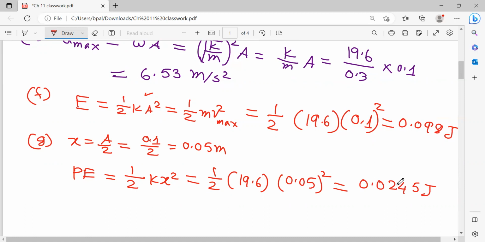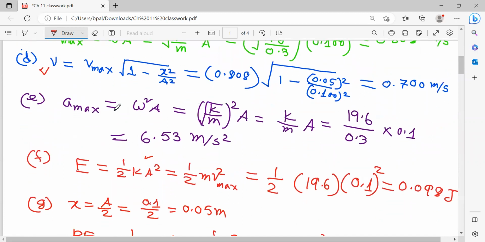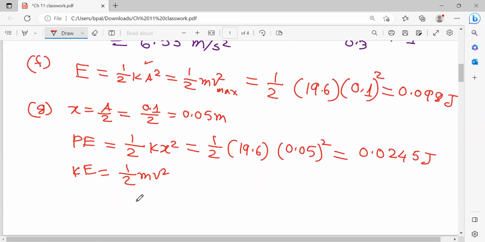Now the kinetic energy, there are two ways to determine it. One way is determining v square, v first, and then plug the value here. Actually we determine the v when x equals 0.05, so it is basically this one. We can use this v here, because you already know m.